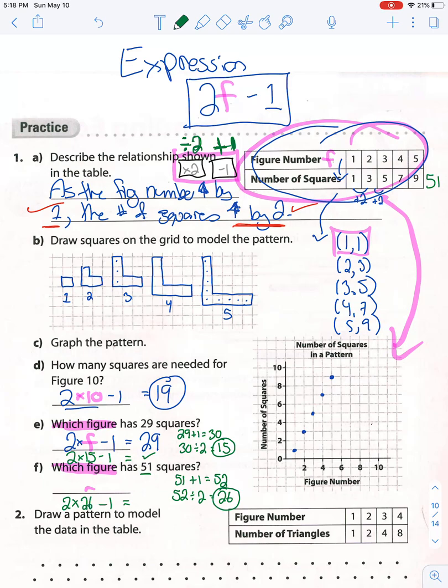So this should be 26, and then we have our original, minus 1. Okay, right, this is the figure number. This is what I found. So 2 times 26 is 52, and then 52 minus 1 is 51. So we are correct. There you go.